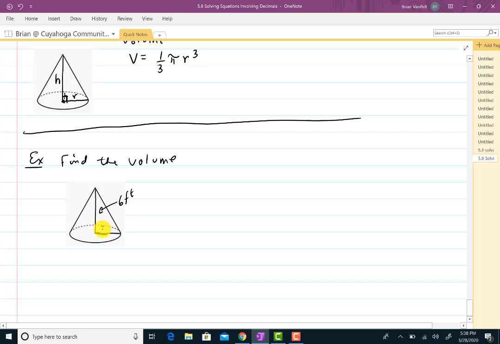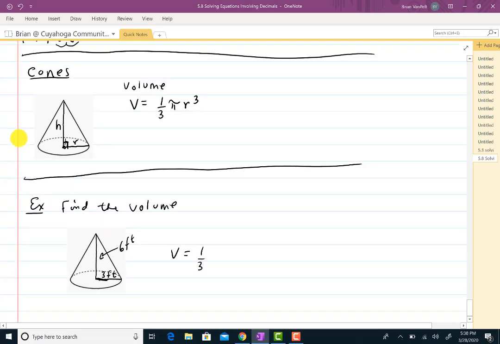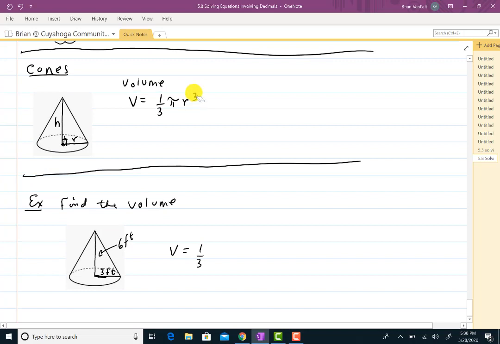And a radius of 3 feet. So the volume will equal 1/3. I suddenly realized I made a mistake on this. 1/3 pi r squared times h. That's the actual formula for the volume.